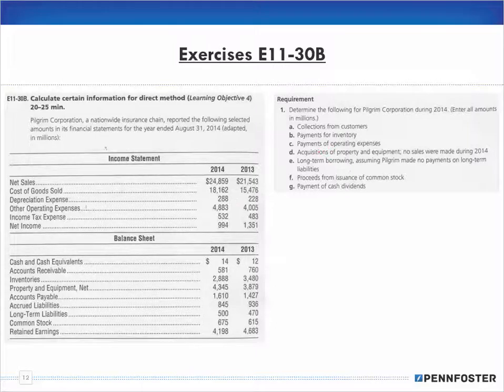All right, so when I look at my income statement here, I have other operating expenses, so I'm going to start out with 4,883,000, and I need to take out my accrued liabilities.